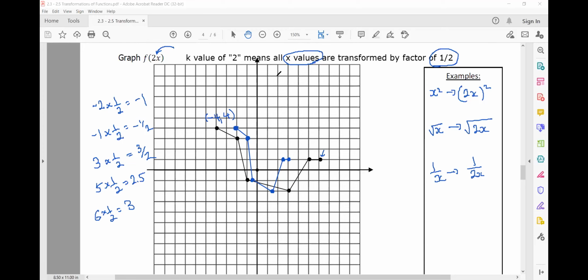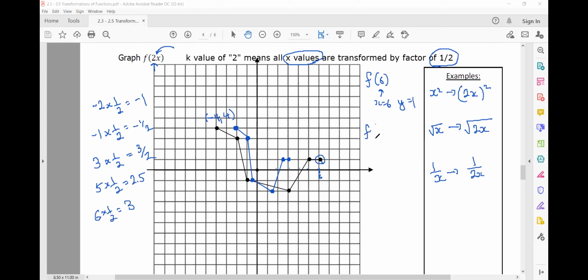At this point in time, someone might ask, why does a value of 2 mean the x value is actually halved? This is the best example I can give for those who are able to wrap their head around it. If f of x is the original function, what is the y value when x equals 6? 1, 2, 3, 4, 5, 6. When x equals 6, my y value is 1.